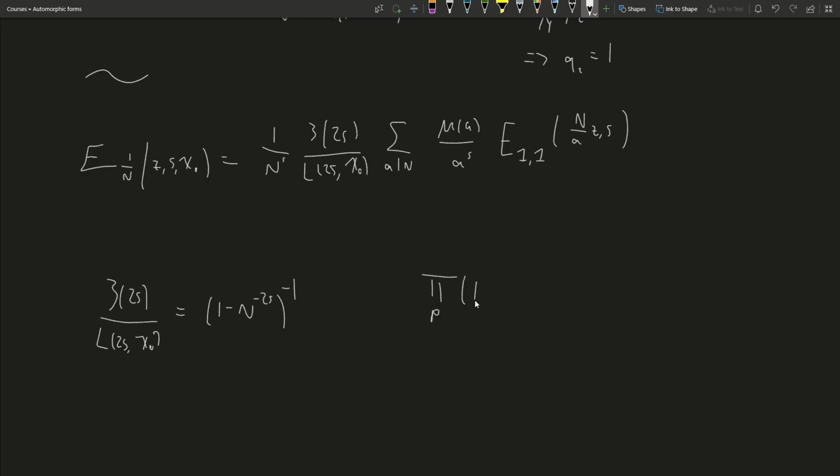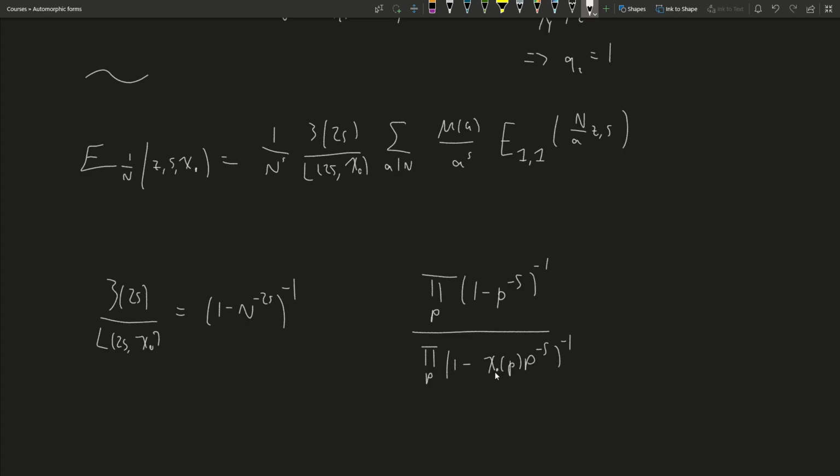So it's a product over primes of 1 minus p to the minus s, to the minus 1, for zeta of s. And then in the denominator we have the same Euler product, but here it's 1 minus chi naught of p p to the minus s, to the minus 1.